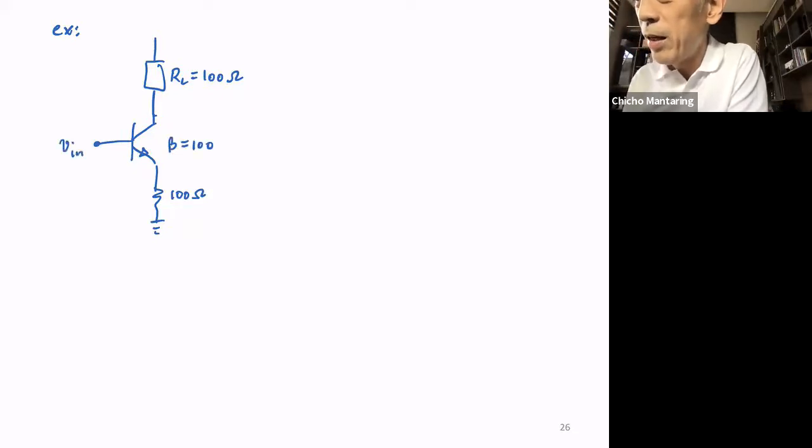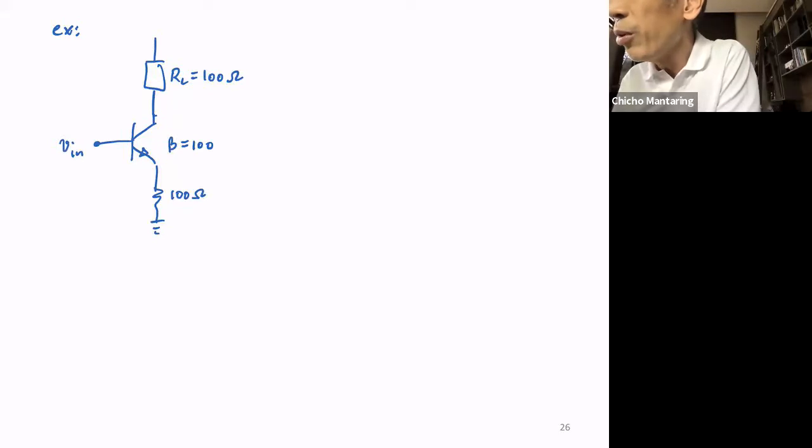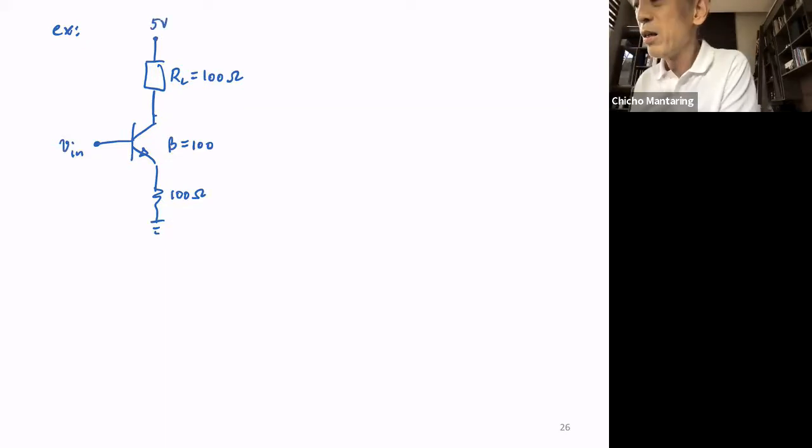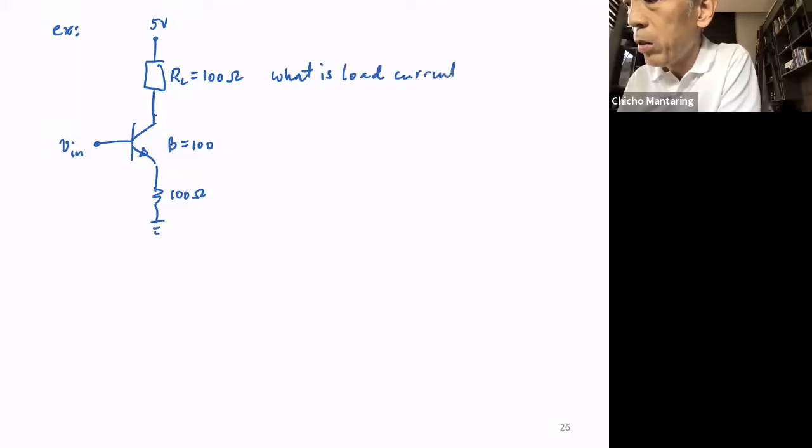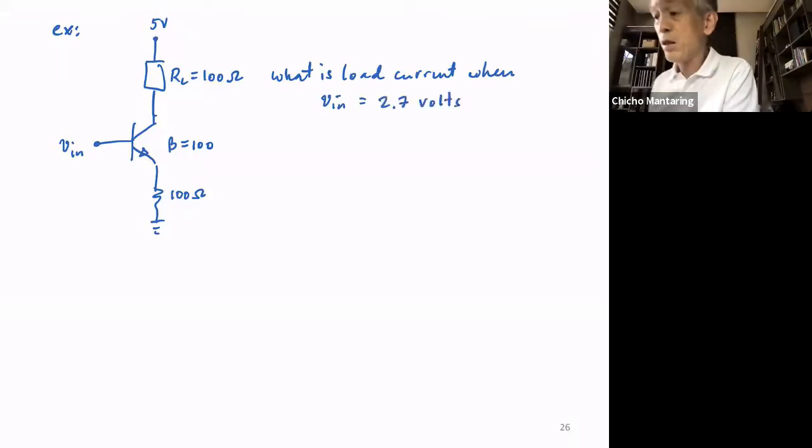Okay, so this is Vin. And VCC is equal to 5 volts. So the question is, what is the load current when Vin is equal to, let's say, 2.7 volts?